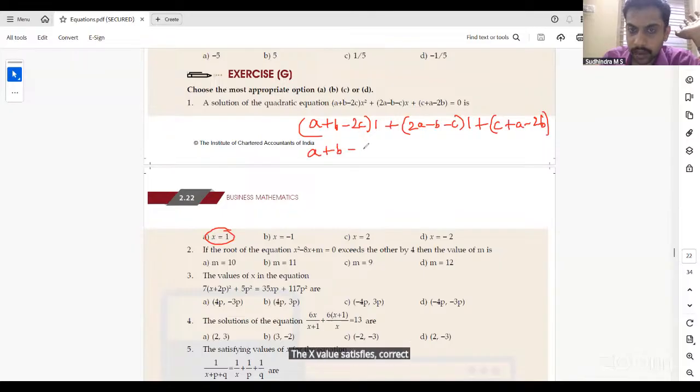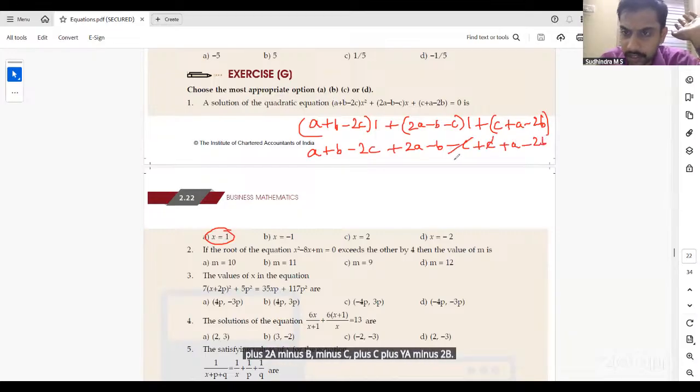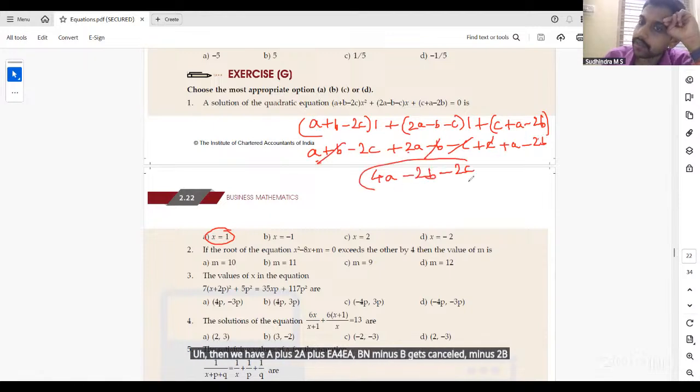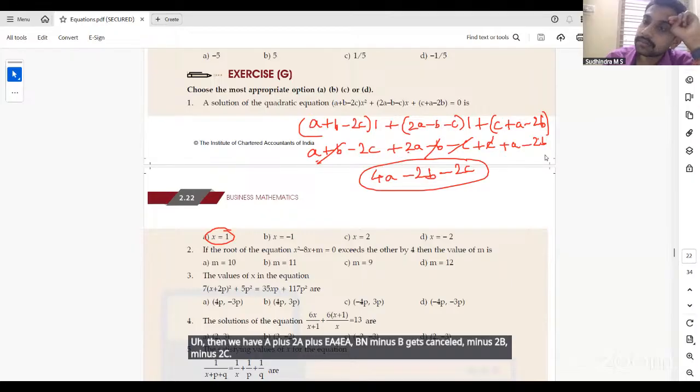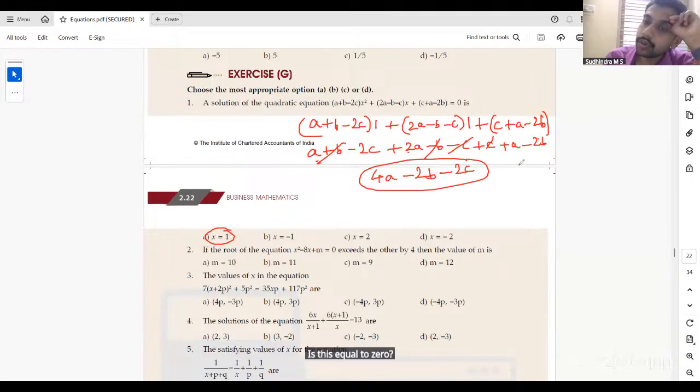So a plus b minus 2c plus 2a minus b minus c plus c plus a minus 2b. C and minus c get cancelled. Then we have a plus 2a plus a, 4a. B and minus b get cancelled. Minus 2b minus 2c. Is this equal to 0? No, sir. So option A is wrong.